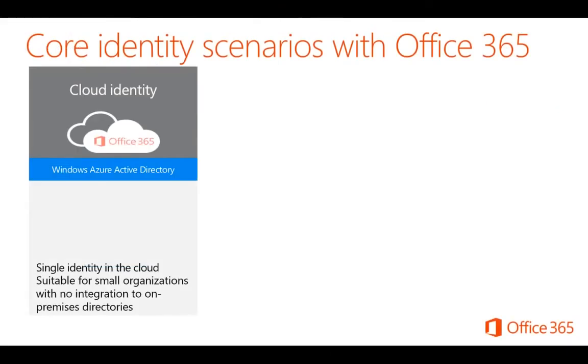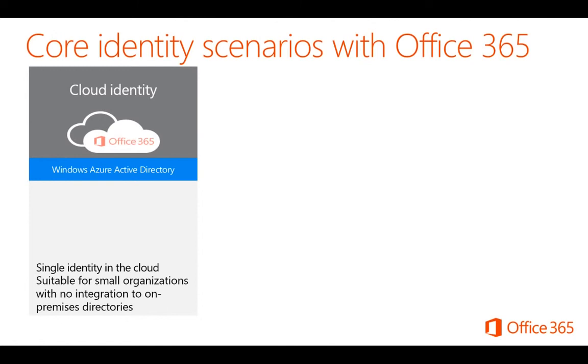As you saw in the tour of the admin console, one of the things that Office 365 keeps track of is where the user IDs are stored. And in the demo that I gave, the user IDs were stored in the cloud. Specifically, they were stored in Windows Azure Active Directory. This is the scenario we would typically see with a small business.